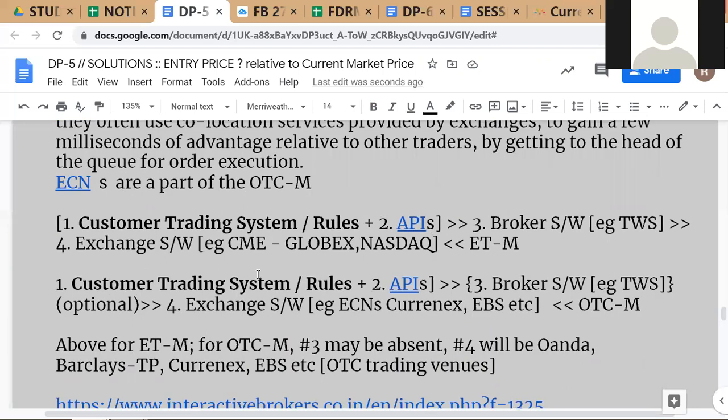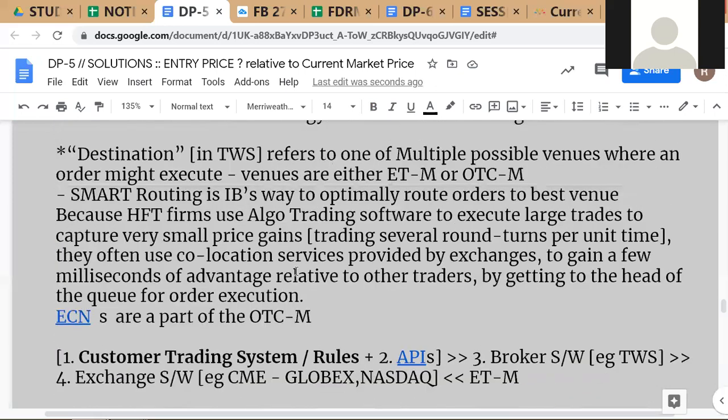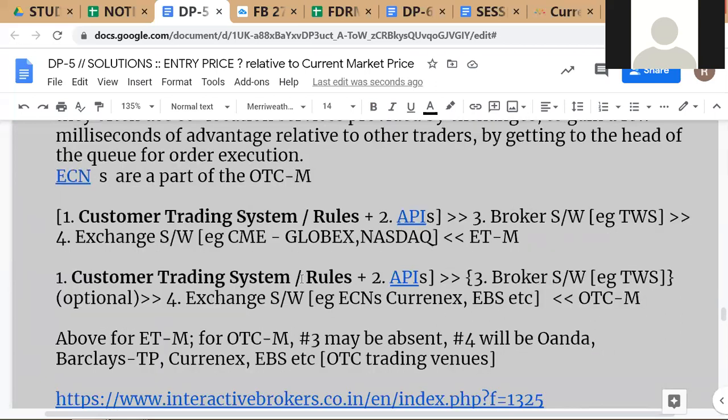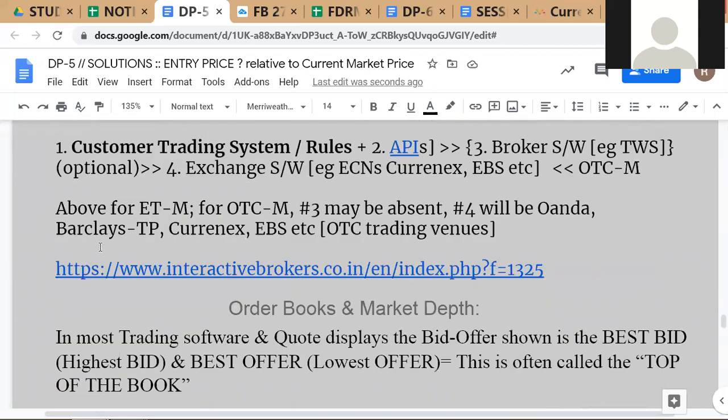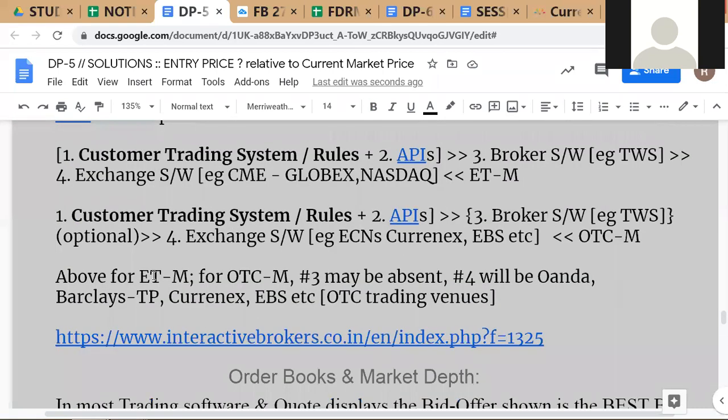You can read this a little bit on your own and try to understand how the system is working, what algorithms are and things like that. OANDA is just an OTC market broker. You have not covered OTC markets and exchange traded markets yet; we'll cover that later. ETM is for exchange traded markets and OTCM is for OTC markets.